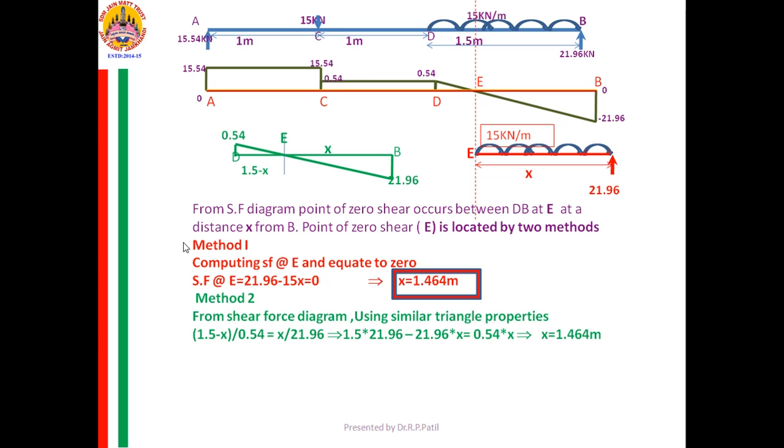Whatever shear force diagram is there between D and B, I am taking it out. After practice, you can do it there only. On that I have marked the point E, I have marked the distance X. Therefore, what is the left out distance? Total DB is 1.5. Of that, EB is X. Therefore, DE is 1.5 minus X.